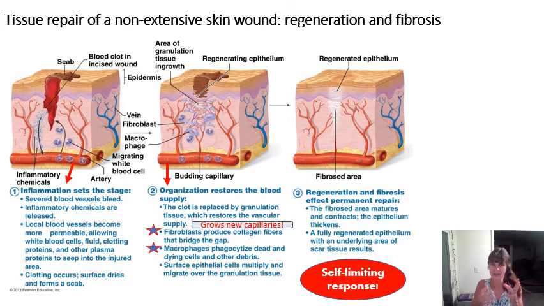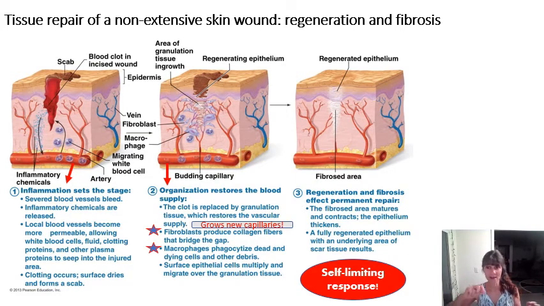And we often see fully regenerated epithelial tissue with underlying areas of scar tissue as a result, depending on the extent of the damage. We may or may not have a scar. Scarring is not always an inevitable part of the process. So this is a self-limiting response, where once it's done, it's completed.